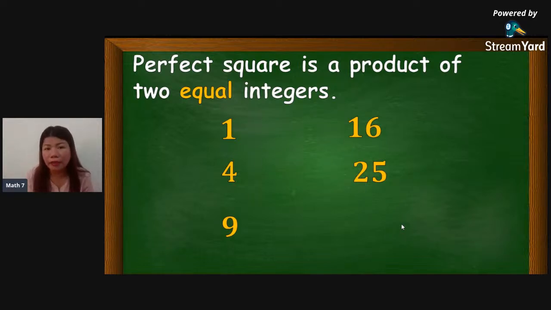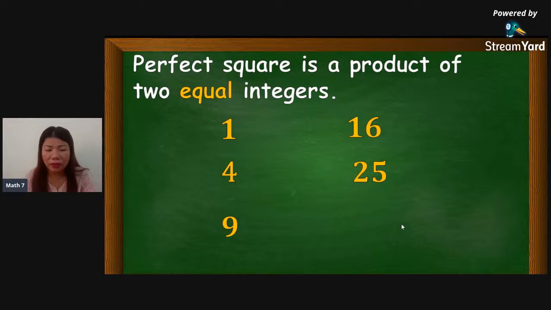Next is 8 times 8. Ang sagot ng 8 times 8 ay perfect square number din. We have 64. Next, 9 times 9, that is 81. And next is 10 times 10.